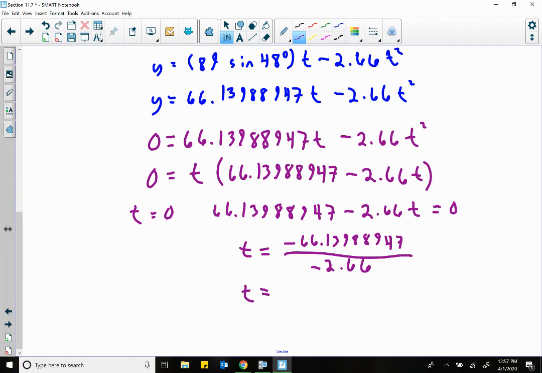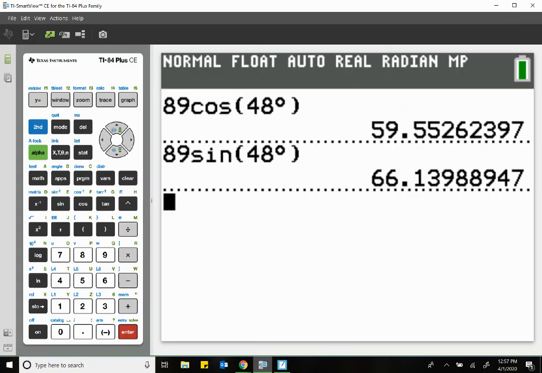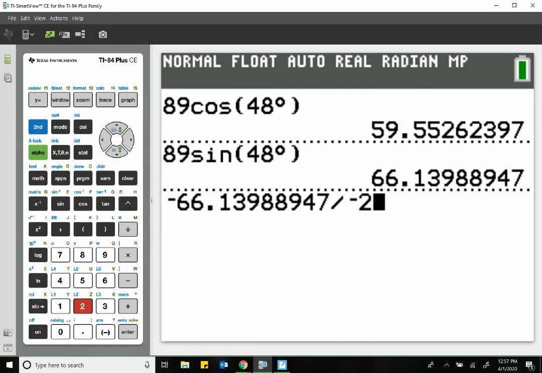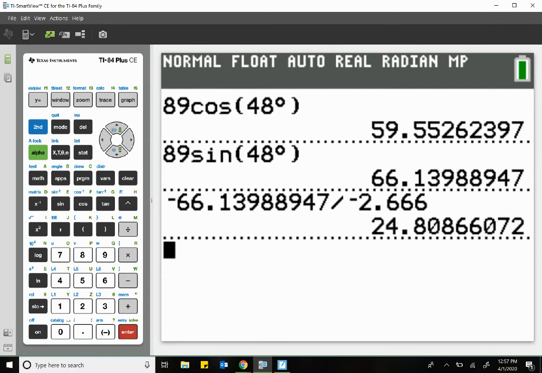So t in our calculator, negative 66.13988. You see why I got to keep everything pretty exact, because if we rounded this and rounded this, there's going to be a lot of rounding in the end. We need everything to be somewhat exact. Divided by negative 2.66. So there's our new number.